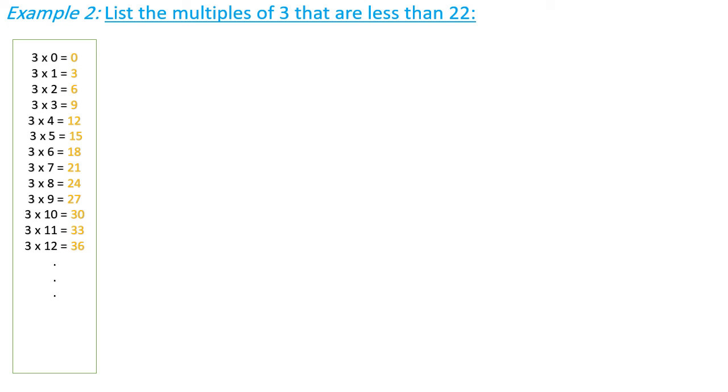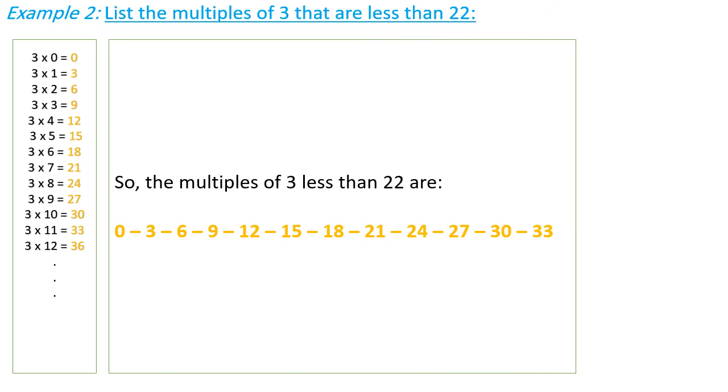What are these multiples? The multiples of 3 less than 22 are 0, 3, 6, 9, 12, 15, 18, and 21.